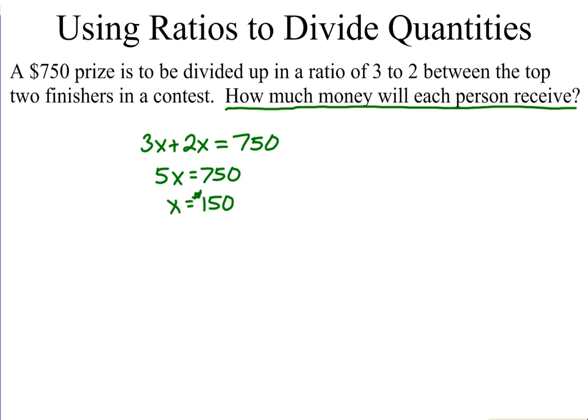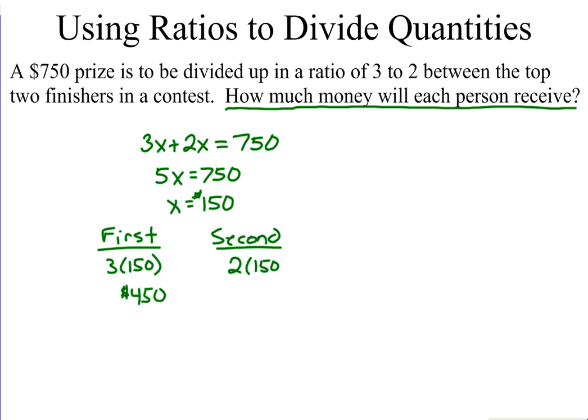So x is 150. That's the amount in each piece that each person is going to get. The first place person is going to get 3 of those pieces, or 3 times 150, which means they're going to receive $450. Second place is going to get 2 of those $150 chunks, which means they're going to get $300.